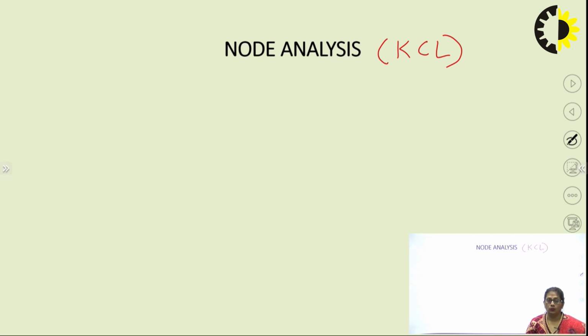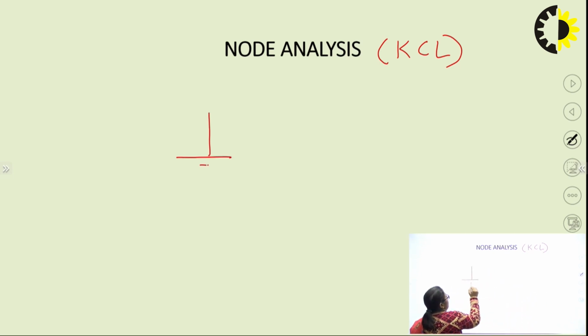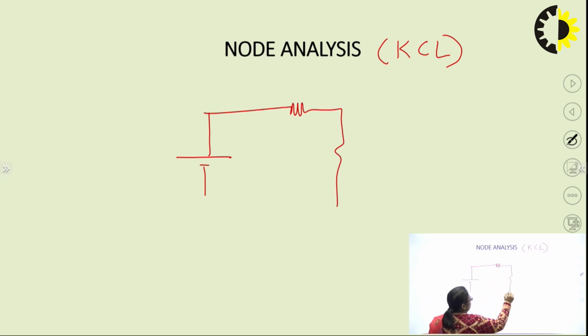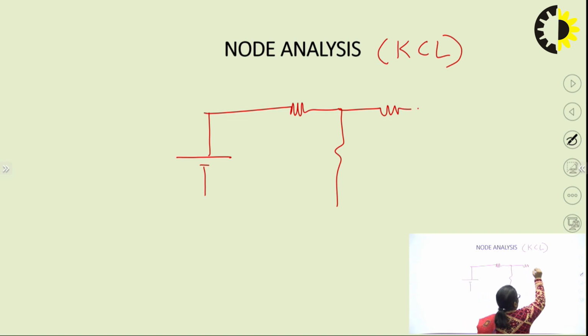If that is so, how can we apply node analysis to find the unknown currents, thereby unknown voltages, thereby unknown power? Let us go for an example, as we did in the case of mesh. Say this is a voltage source, a resistance, one more resistance, one more resistance, one more resistance.